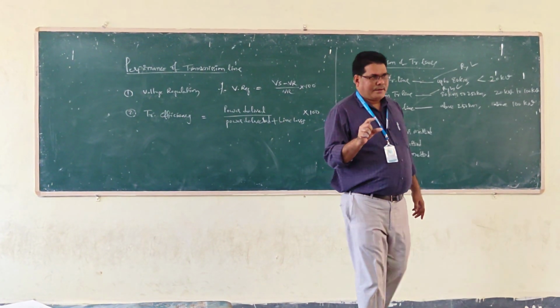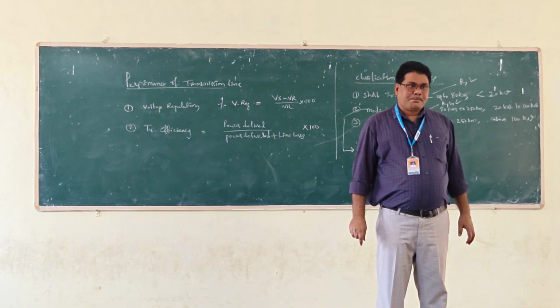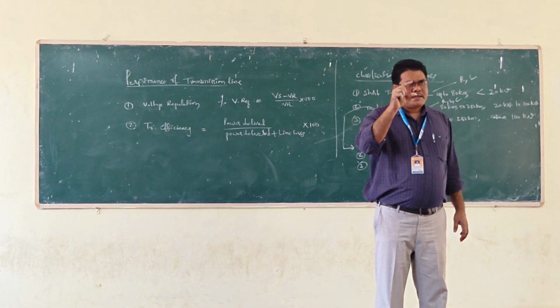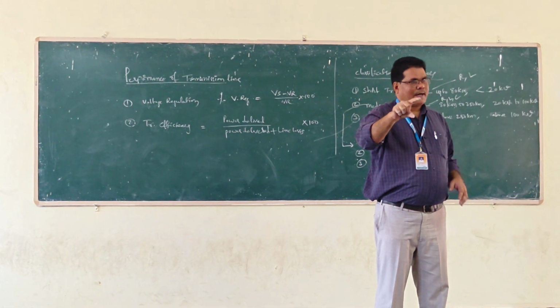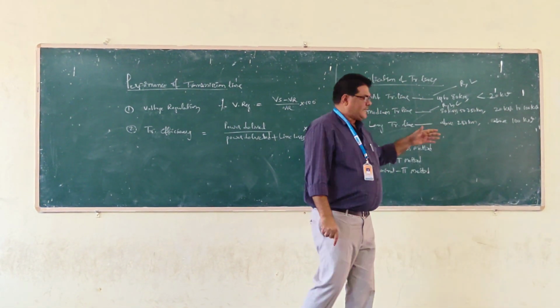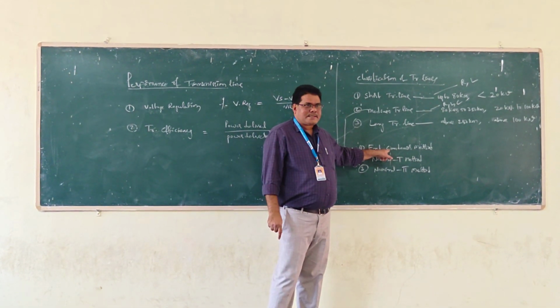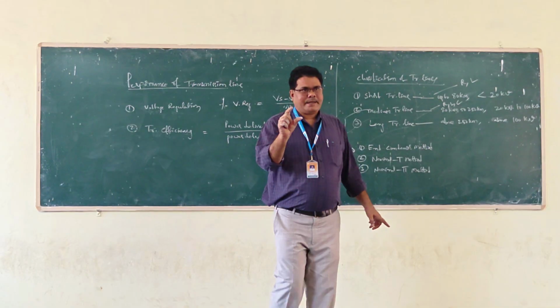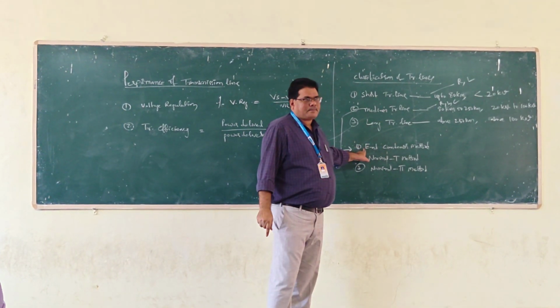Are you understanding? In a medium transmission line, the effect of capacitance plays a very important role. The capacitance can be connected at the sending end side, the receiving end side, the middle, or both sides. Basically there are three methods. First, capacitance concentrated at the receiving end side is the end condenser method.